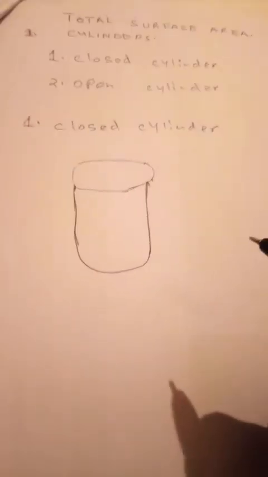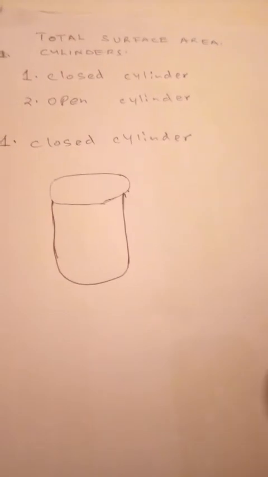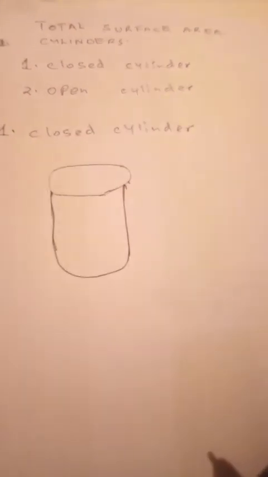So this is our closed cylinder. We are looking at the total surface area of cylinders, and we start with the closed cylinder.